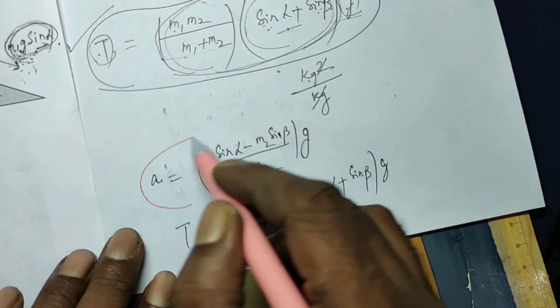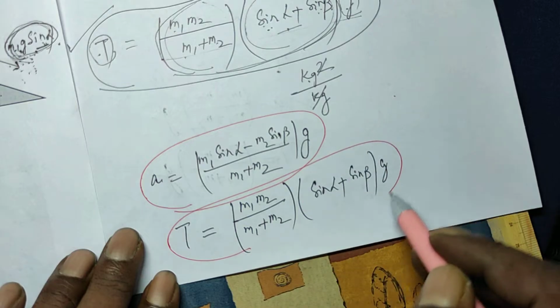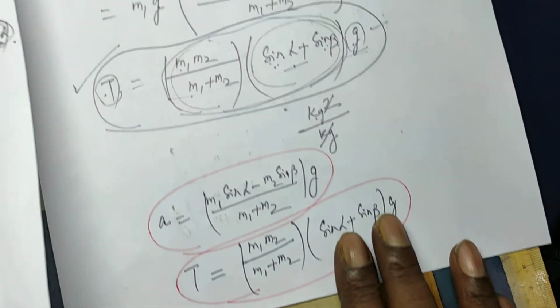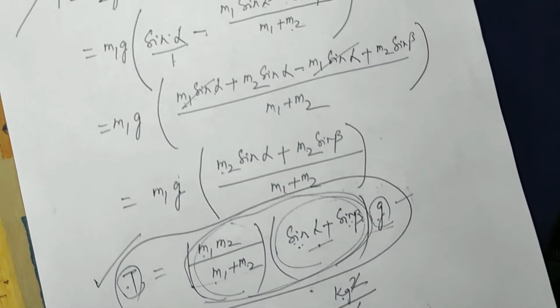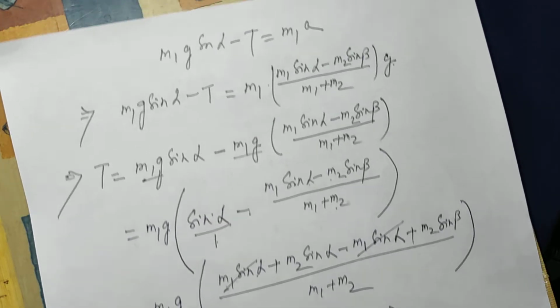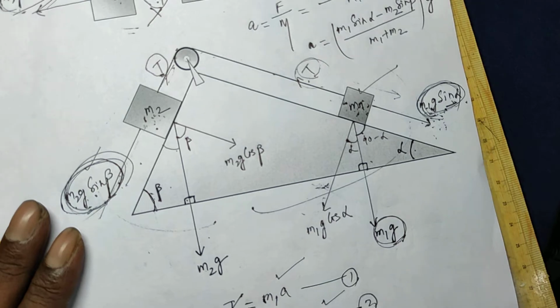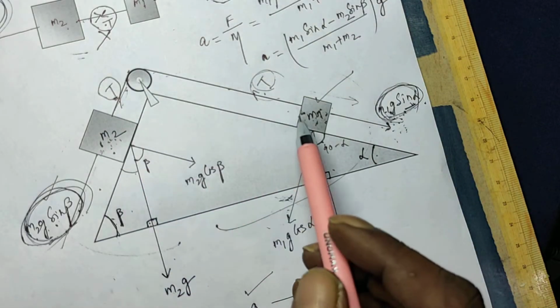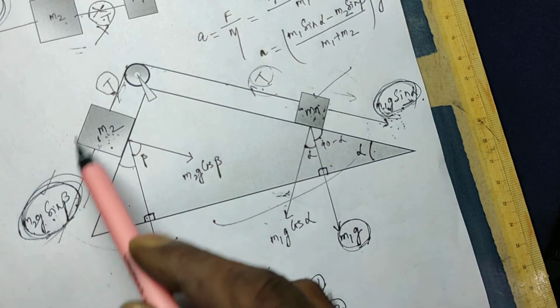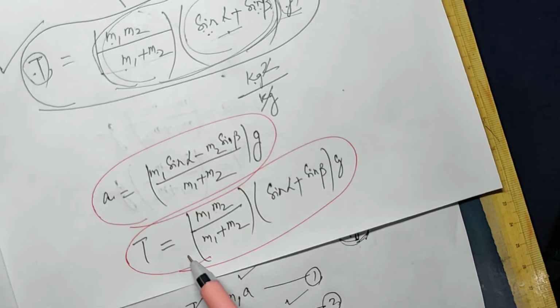So this is your acceleration, this is your tension for such a system, two masses on a wedge. Now using this expression, I derived the acceleration for this system on a wedge and also the tension in the string.